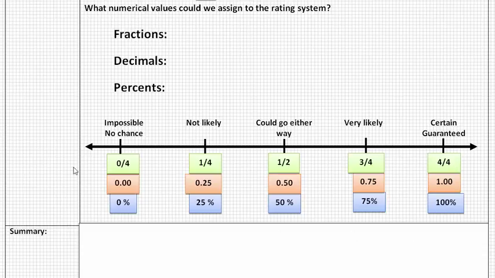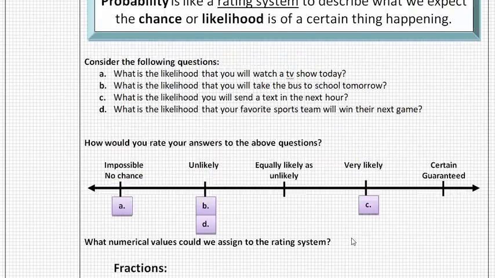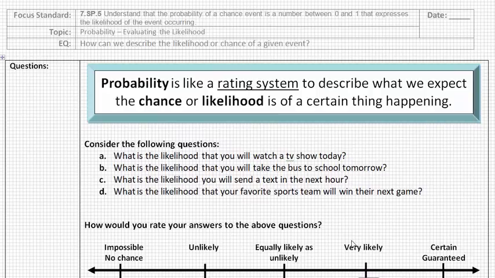So go ahead and make sure that this likelihood scale is copied down as it's now shown on the screen. And that's going to conclude our first video today on evaluating the likelihood for probability. Go ahead and take a moment to make sure that your notes are fully complete and come ready to talk more about this in class.